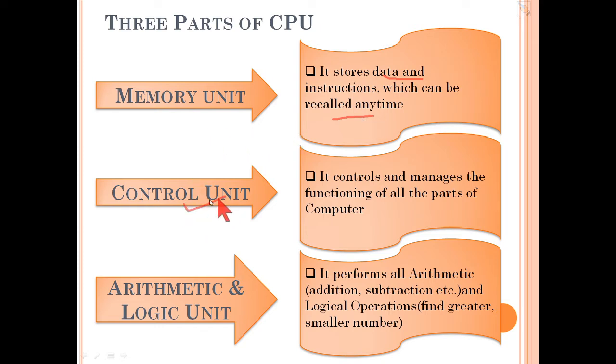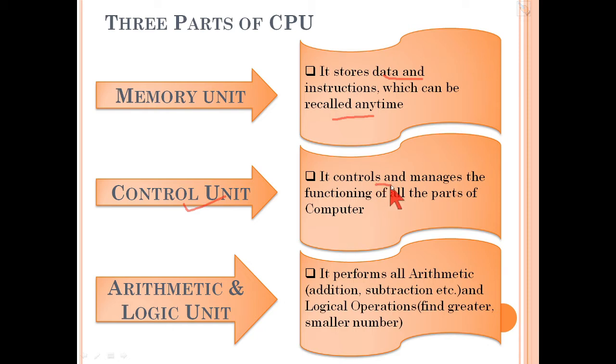Second is the control unit. As the name tells you, control unit. Whatever work is assigned, how to control the flow of the data, which work has to be done first and which work has to be done later on and in the last, that will be managed by the control unit.